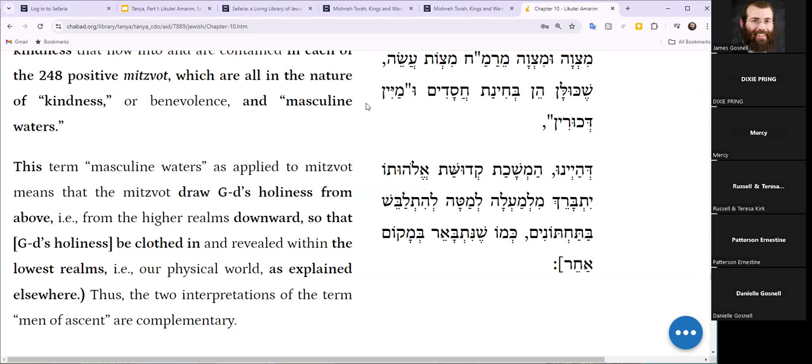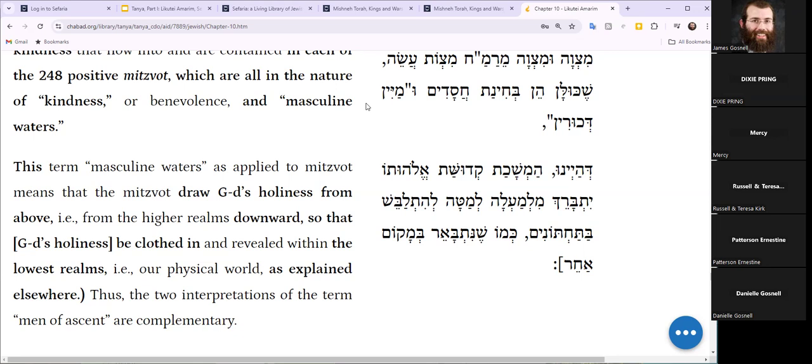The 248 parts of Zeir Anpin are the 248 active commandments, and its 365 nerves and sinews are the 365 passive commandments. Every component of the human soul and every component of the human body correlates to one of the 613 components of the spiritual body of Zeir Anpin. Zohar 1, 170b, Tikkunei Zohar 30, Zohar 2, 118a. And it kind of goes on.